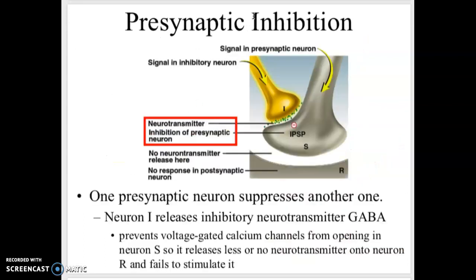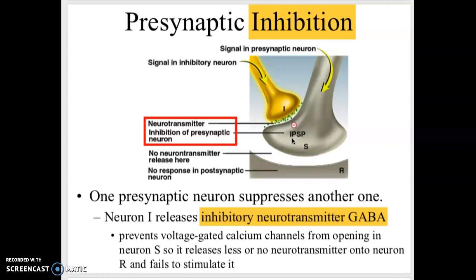So here you can see presynaptic inhibition. So here there's one neuron, here is the postsynaptic neuron, and then you can see this third neuron kind of butting in here. So what this third neuron is doing in inhibition is it is releasing its own neurotransmitter to this synaptic knob here, and it's releasing GABA, which is an inhibitory neurotransmitter.